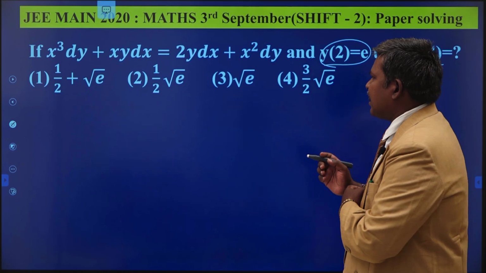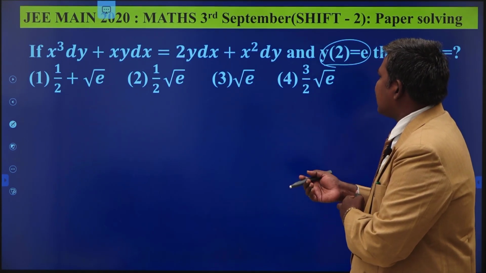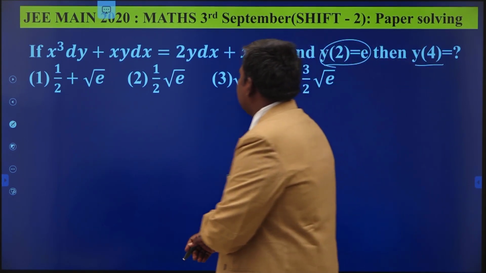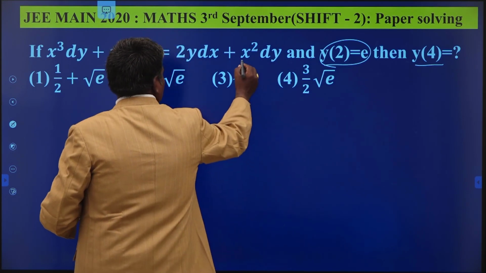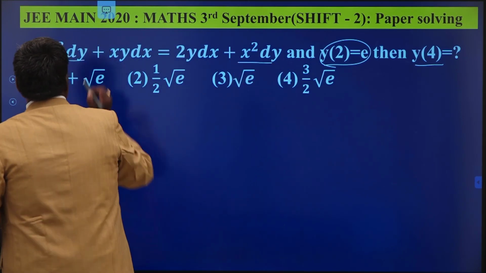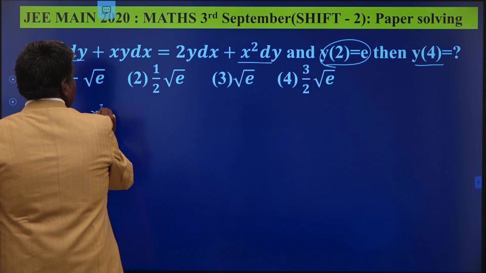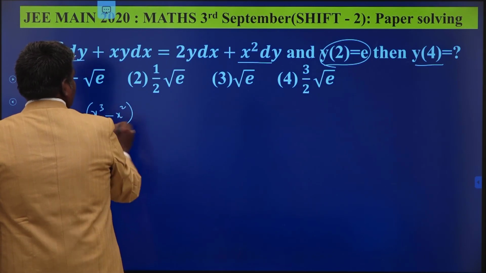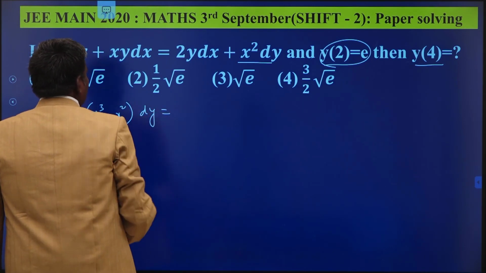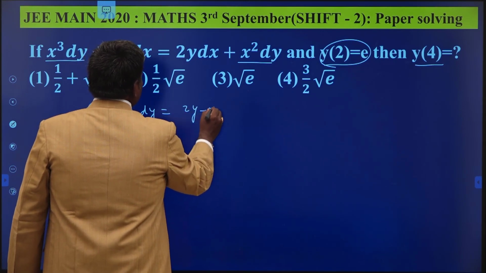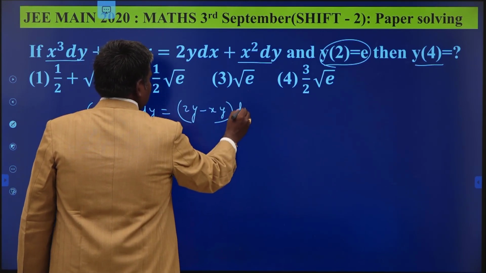You have to think in this manner. I think this may be variable separable. It is easy to separate the variables. See here, this is x square dy, and this is x cube dy. So this can be written as (x cube minus x square) dy is equal to (2y minus xy) dx.